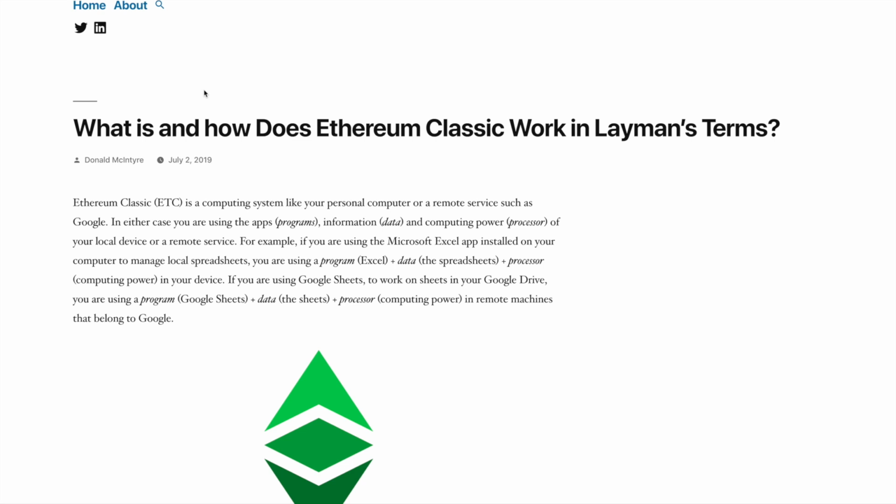But just to give you guys a little bit of background, Ethereum Classic is actually the OG Ethereum. What had happened was something called the DAO hack. Now a DAO is a decentralized autonomous organization, and this was back in the early days of Ethereum.